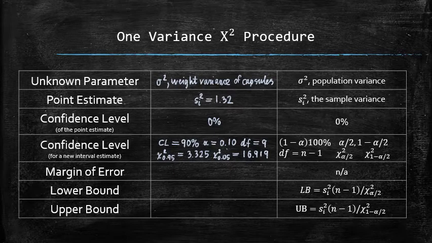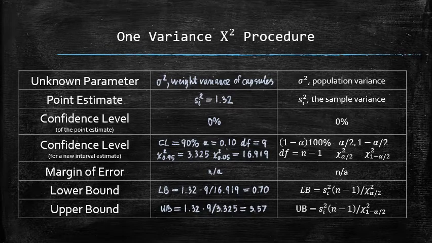Since the interval is not symmetric, there is no margin of error. Using the formulas, we can compute the lower bound as 1.32 times 9 divided by 16.919, which comes up to 0.70. And we can use the formula to compute the upper bound, which is 1.32 times 9 divided by 3.325, which comes up to 3.57.